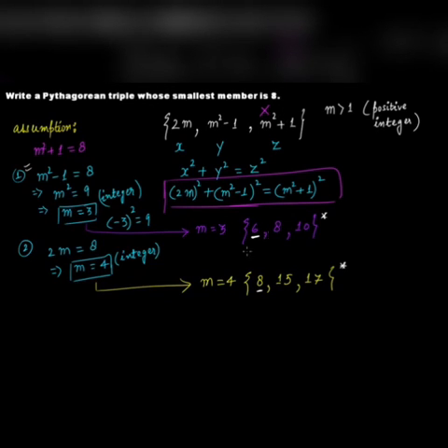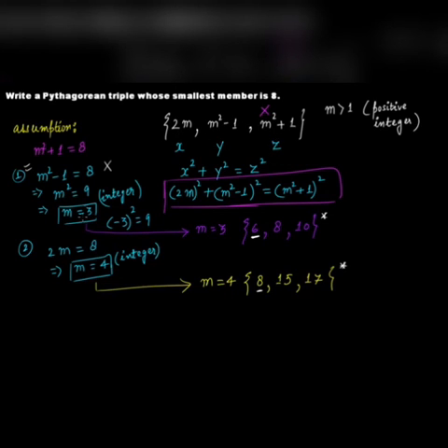So when you take m equal to 3, it gives you a Pythagorean triple, but in that triple, 6 is the smallest member and not 8. That is why this assumption is wrong. And that is why it's important to check each and every member, each and every x, y, and z in this case.